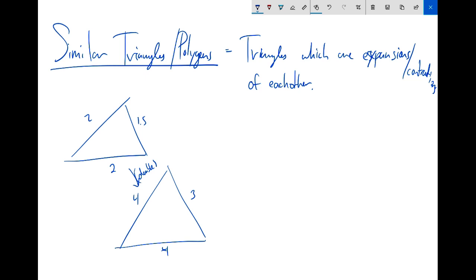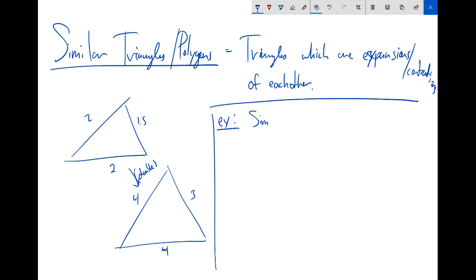Now, that actually can allow you to solve, if you know two triangles are similar. So let's say that you have similar triangles. Let's say you have one triangle here, and maybe this one over here is just a little bit bigger than it.